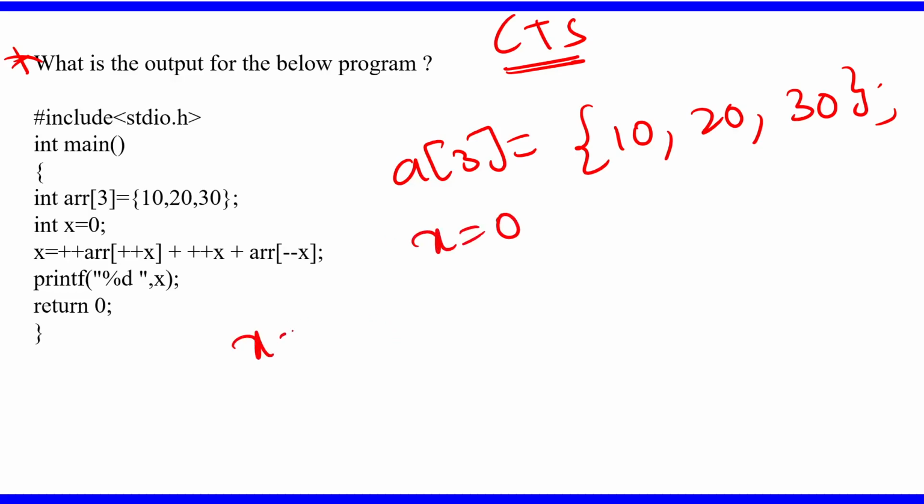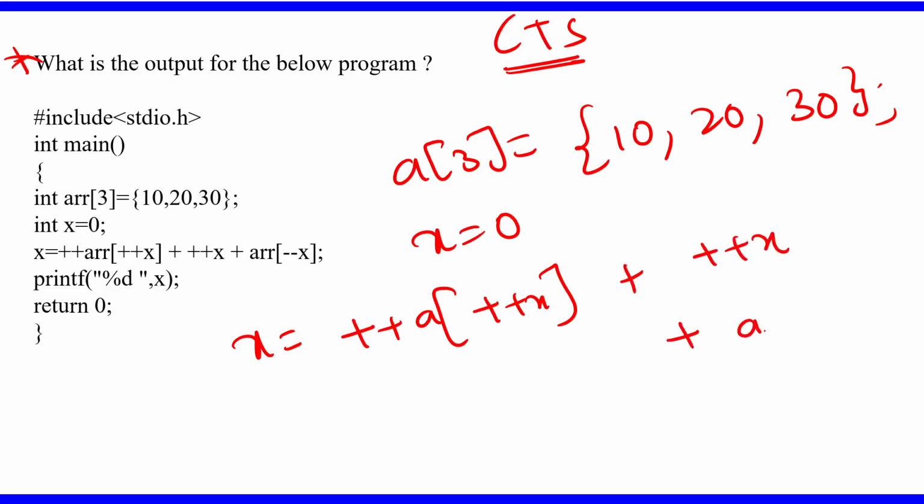I am asking here x is equal to plus plus a of plus plus x, then plus plus x, then a of minus minus x. So what is the answer? Just guess it.